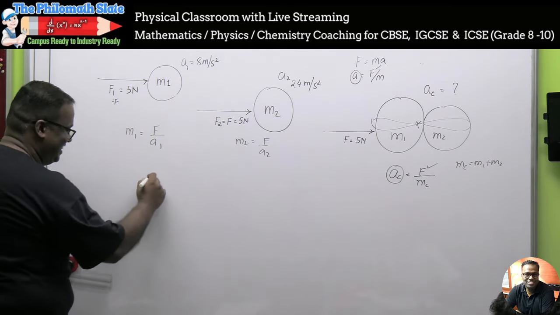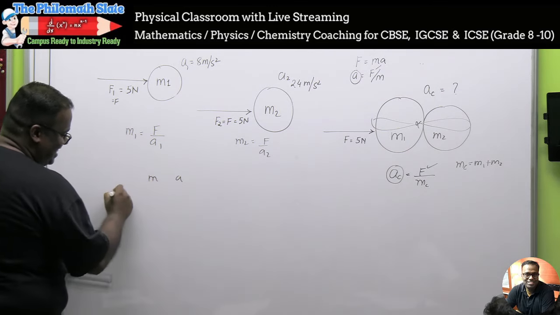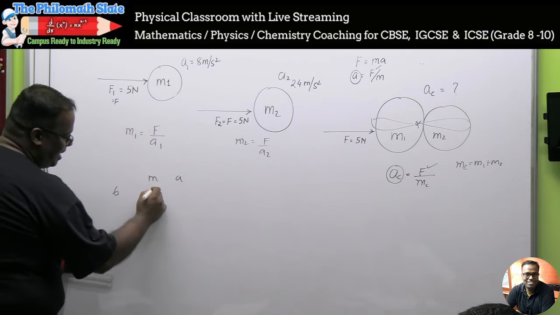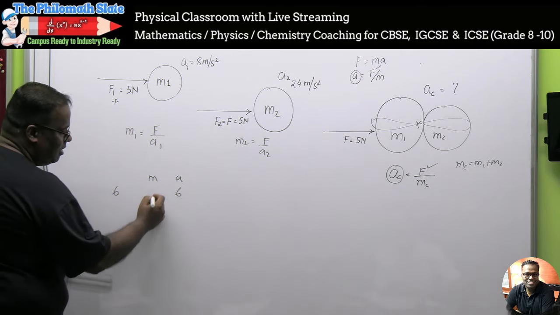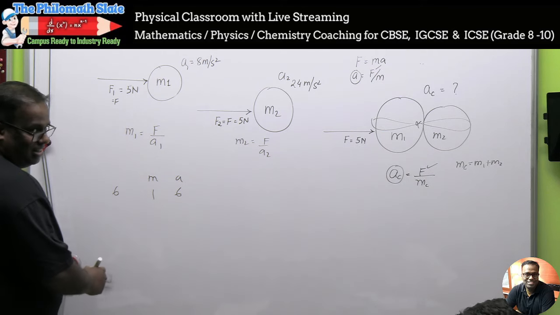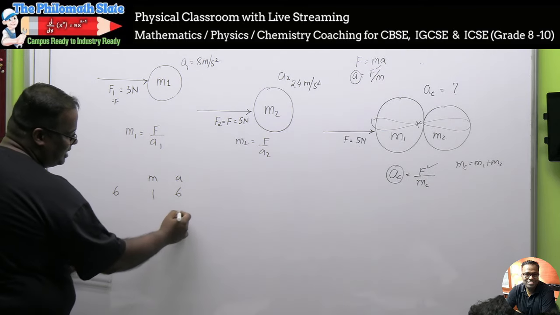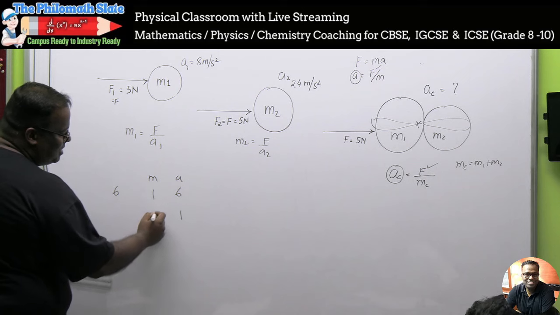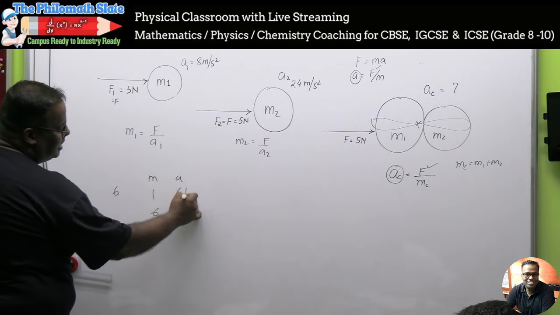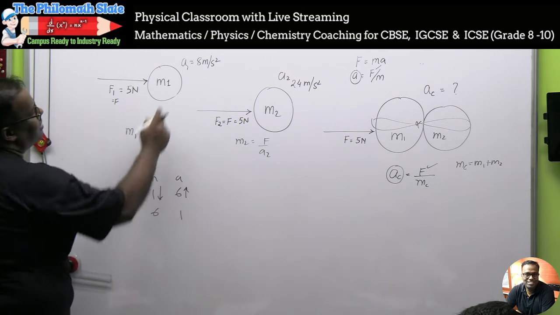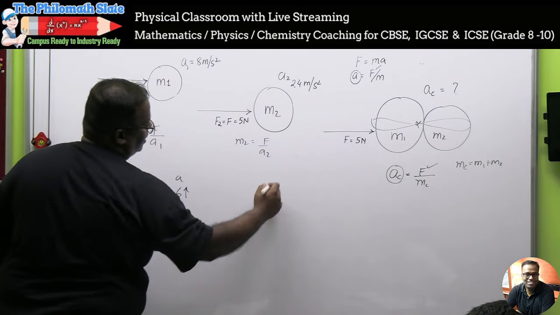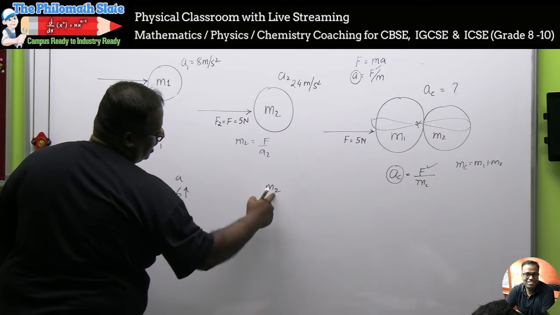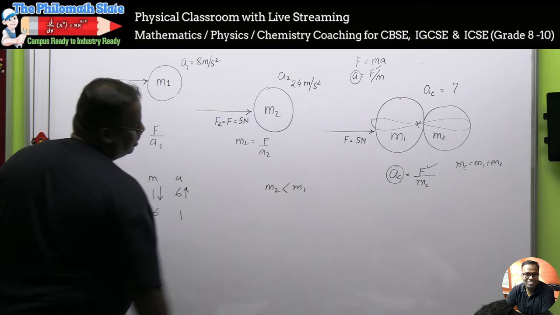Mass and acceleration, say 6. If you are getting an acceleration of 6, then the mass should be how much? 1. My bad. And if you want to get the acceleration as 1, then what should be the mass? 6. ज़्यादा acceleration होगा तो mass घटेगा. ज़्यादा acceleration है तो इसका mass कम होगा. So we will find M2 will always be less than M1. Simple.